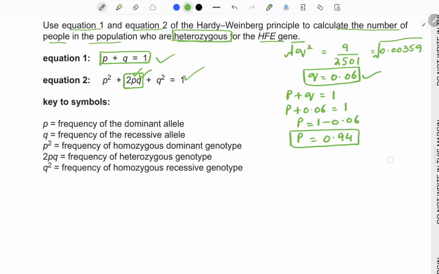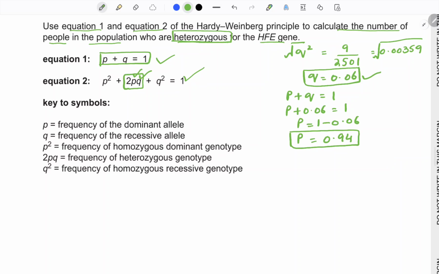Now once you calculate these two values, the next thing you simply have to do is, because you have to find 2pq, we simply are going to write 2pq and we'll find out the value of that. 2 into p, which is 0.94, into q, the value is 0.06.